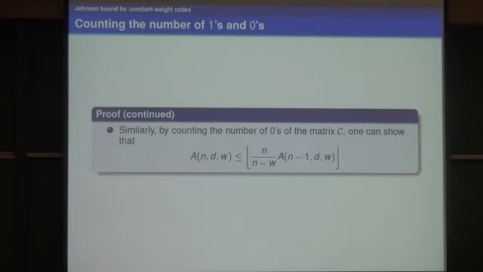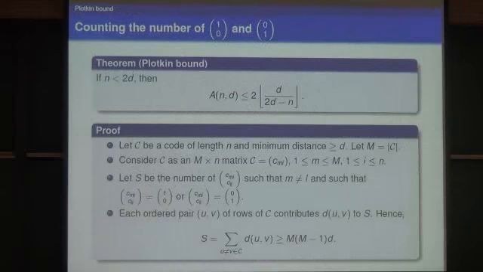And now let's move to a little more complicated case by, instead of counting 1 by 1 submatrices, counting 2 by 1 submatrices. So 2 rows and 1 column. And this gives the famous bound called the Plotkin bound. The Plotkin bound applies to codes.